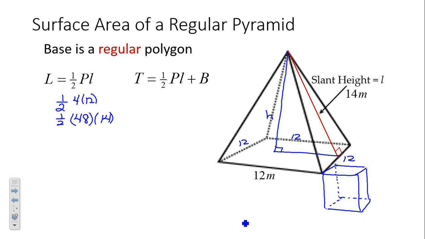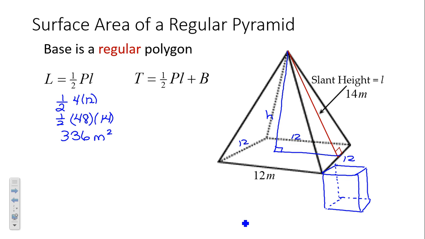So you can take half of 48 and then take that times the 14, or you can take 48 times 14 and then at the end divide by 2. So what's 24 times 14? So 336 meters squared is our lateral area.